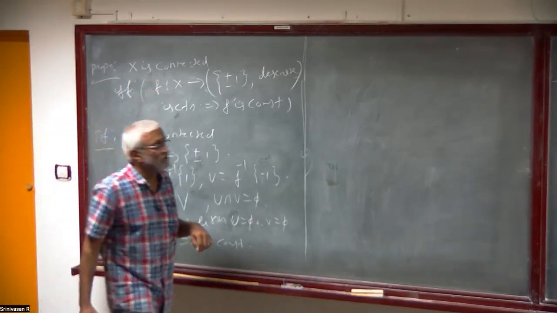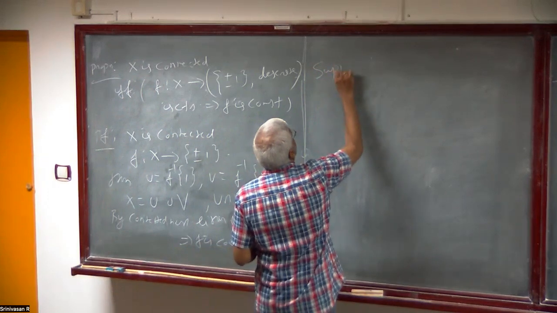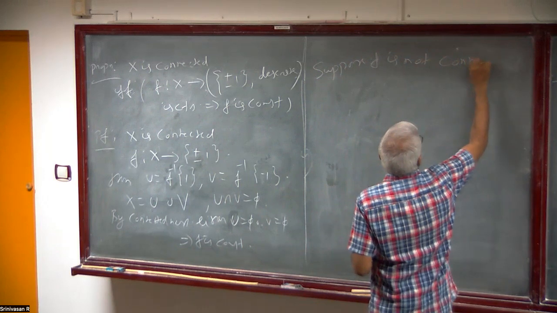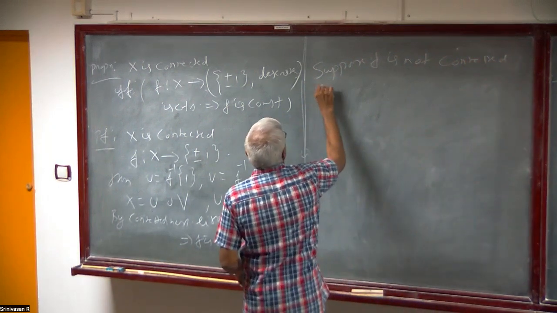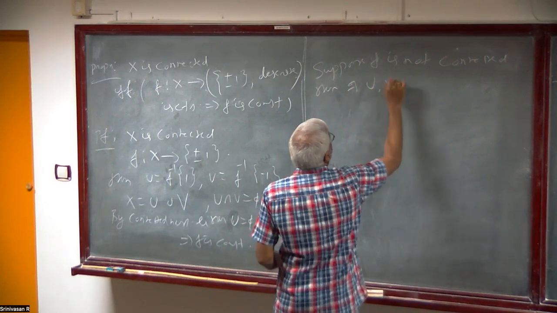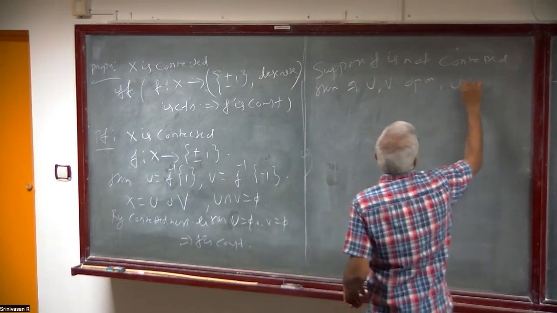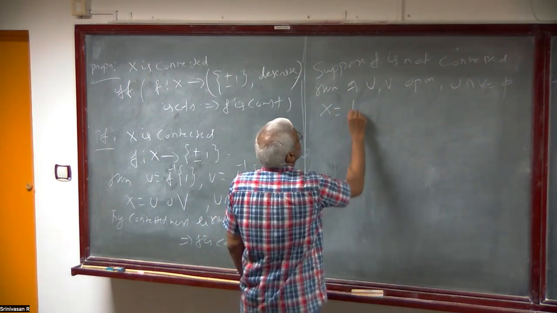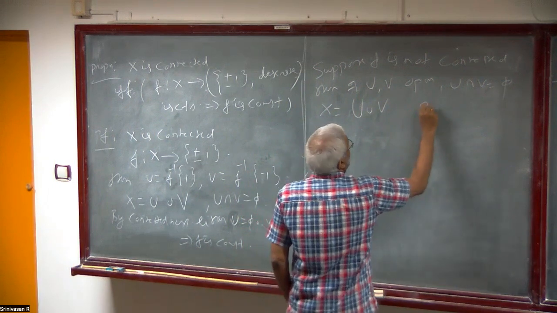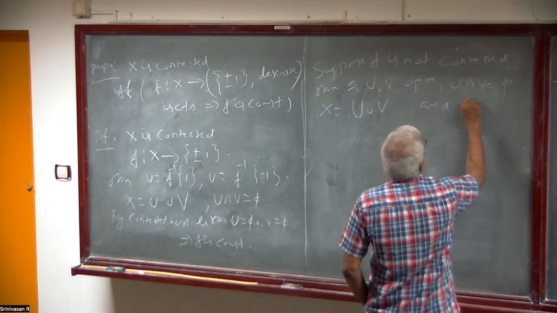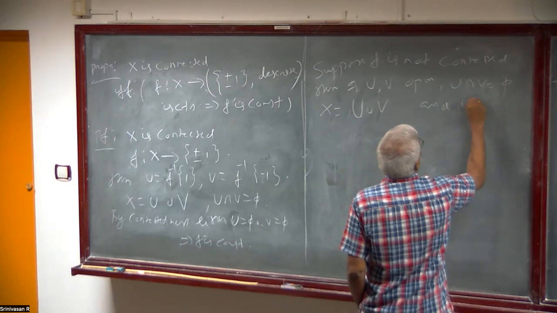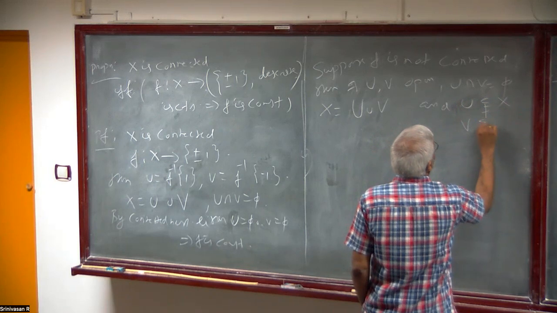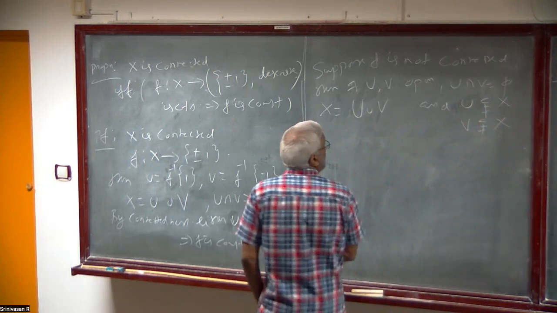That is easier. Suppose X is not connected. Then there exist U, V open such that U intersection V is empty, X is equal to U union V, and both U and V are proper: U is contained in but not equal to X, V is also contained in but not equal to X. They are non-empty also.